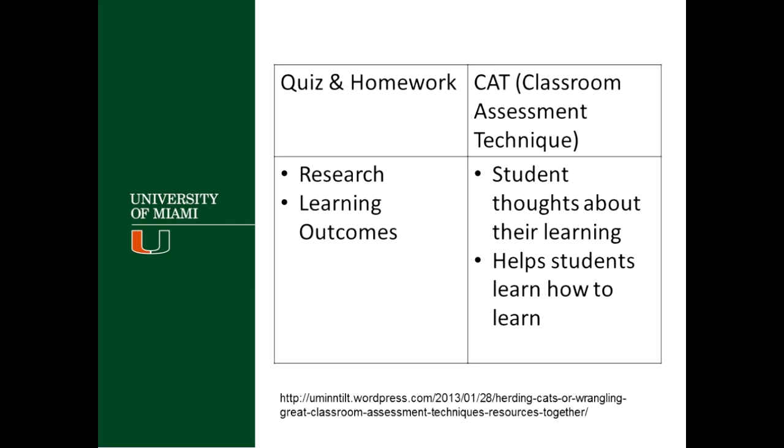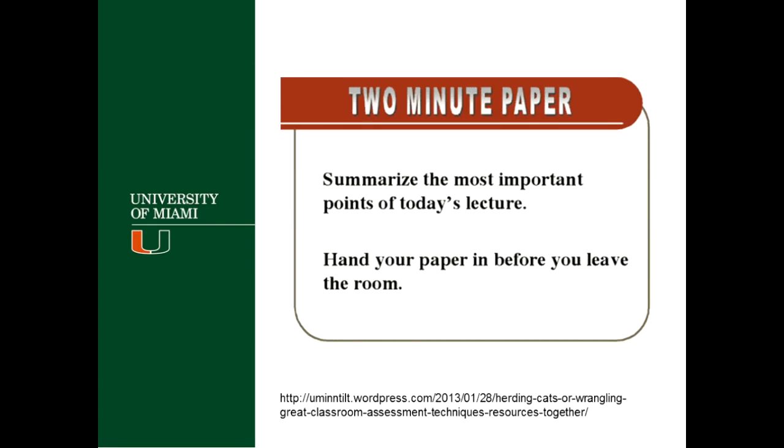This is an example of a famous classroom assessment technique. It's called the 2-minute paper, and you can use it all the time in a class, and it's very well done with paper rather than a computer. Summarize the most important points of today's lecture before you leave. It's often called an exit ticket. You can't leave the classroom until you've done this and turn it in.